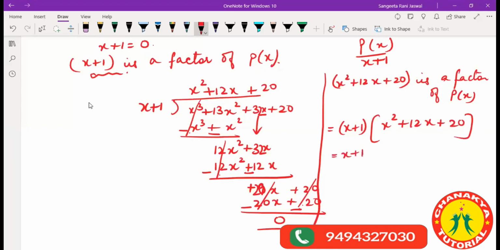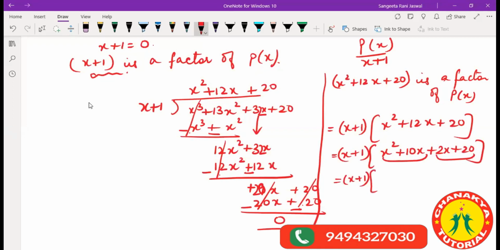x plus 1 here, and what factors can we take for this? The product should be 20 and while adding you must get 12. It's 10x plus 2x. They are all positive, so we can take 10x plus 2x. When I group them like this, I can have x plus 1 as it is.